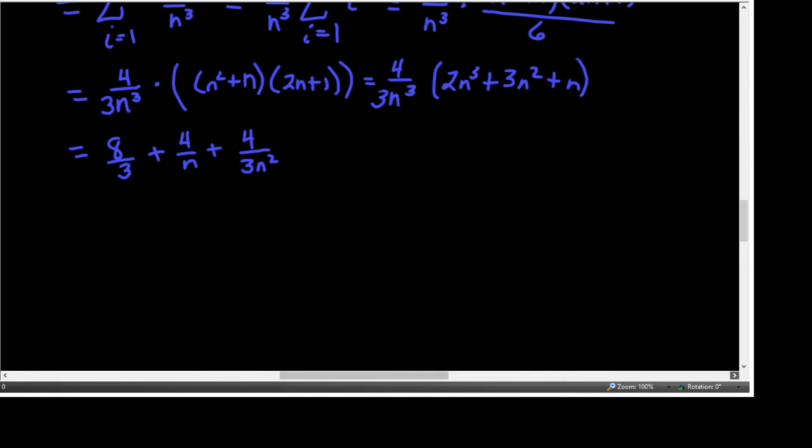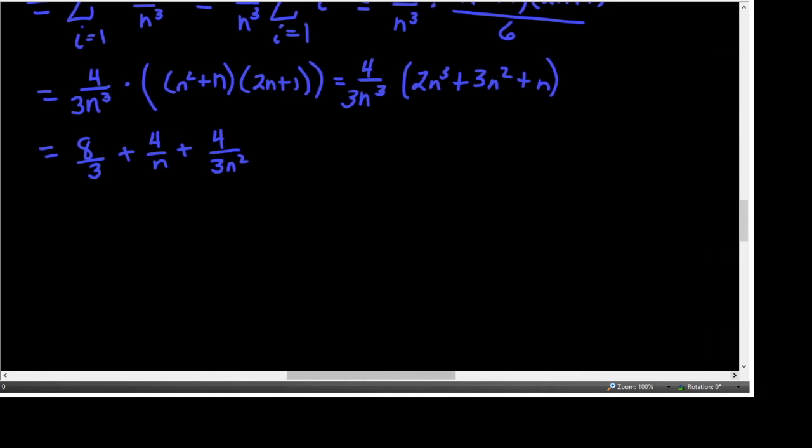I'm sorry about that. Okay, so as I was saying, what I want to do now is find the limits as n approaches infinity, as the number of rectangles goes to infinity, of both the upper and lower sums.